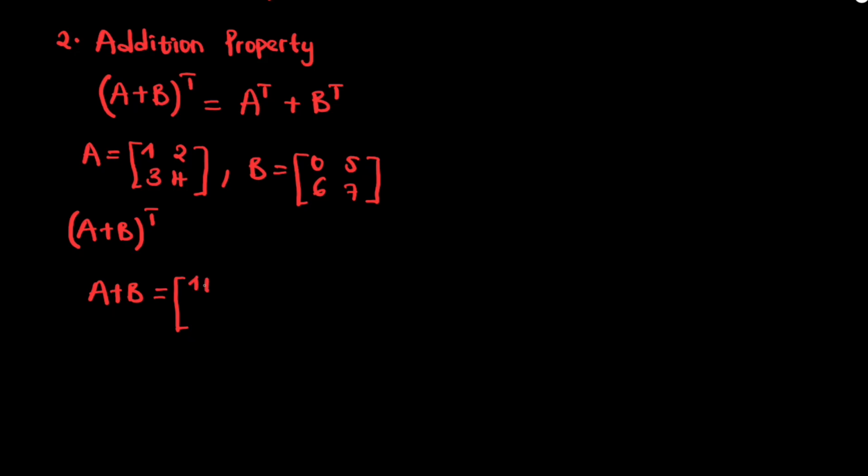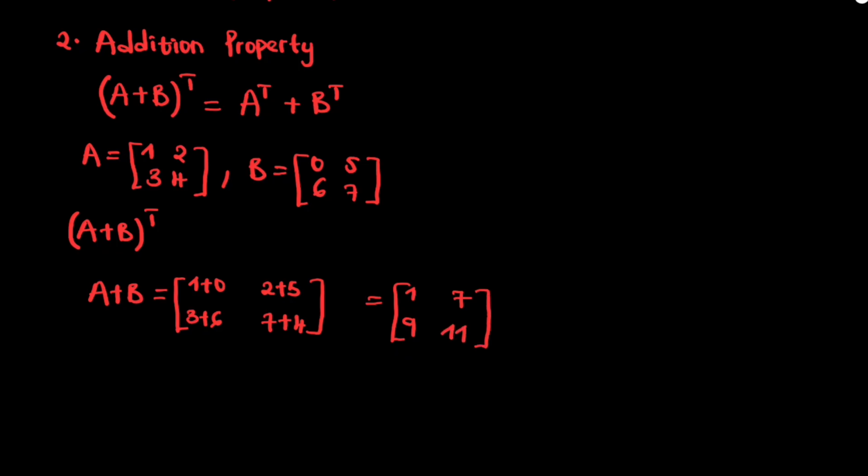So we have 1 plus 0, 2 plus 5, 3 plus 6, and 4 plus 7. This gives [1, 7; 9, 11]. So that is A plus B. Now let's take the transpose of this matrix.